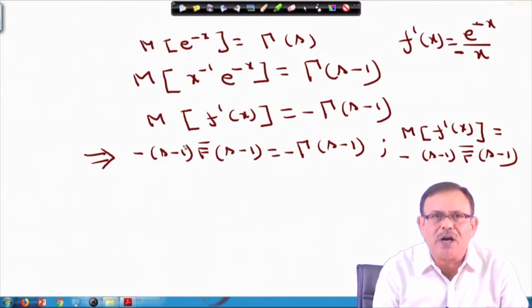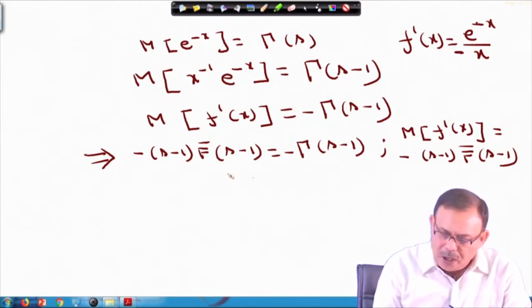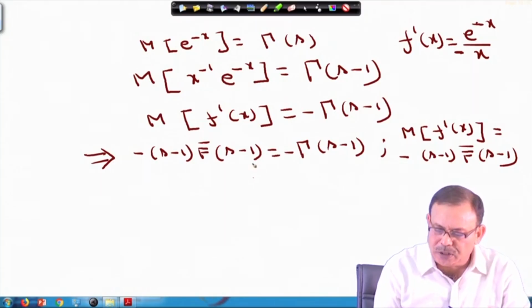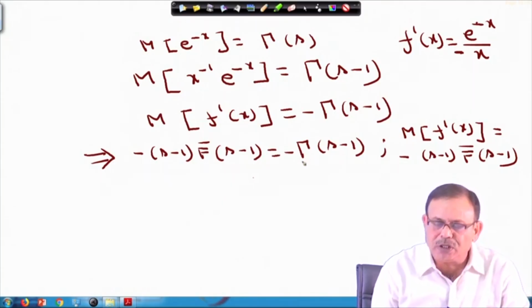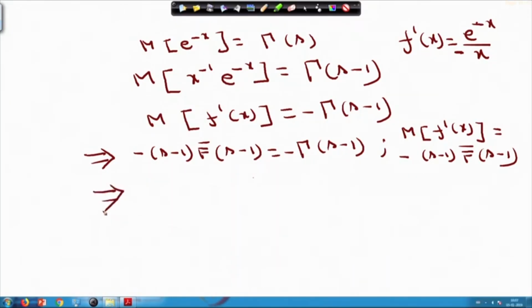So, from here I am writing Mellin transform of f dash x equals minus (s minus 1) into f bar (s minus 1) equals minus gamma (s minus 1). So, once I am getting this, therefore, you can write down from here f bar (s minus 1) equals gamma (s minus 1) by (s minus 1).